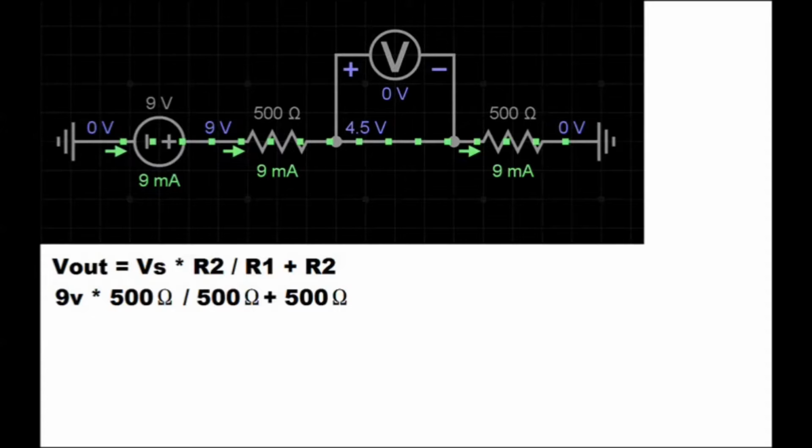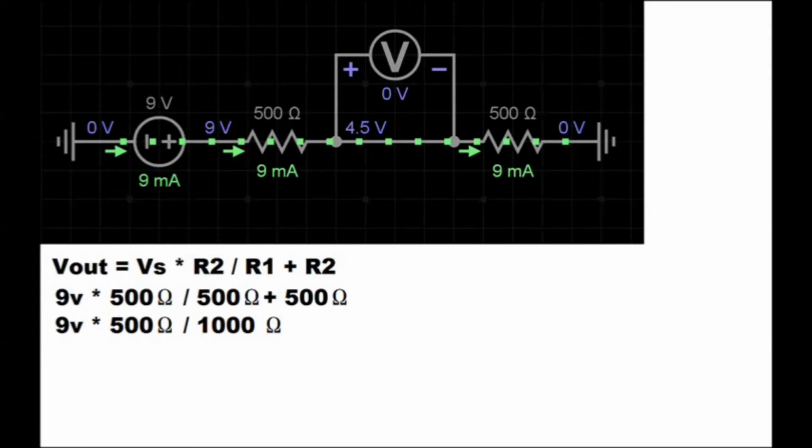We need to simplify the equation to get the final answer. We first add R1 and R2 to give us 1000 ohms. 9 volts multiplied by 500 ohms divided by 1000 ohms.